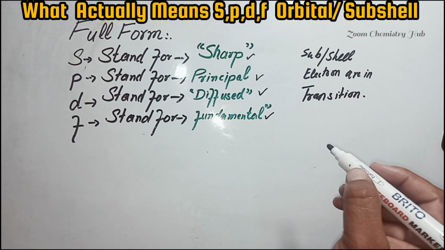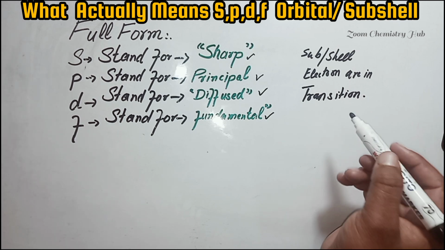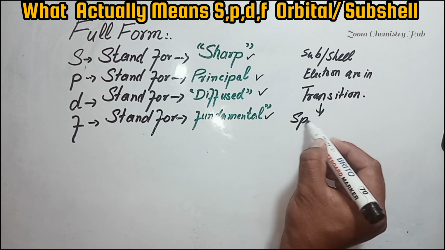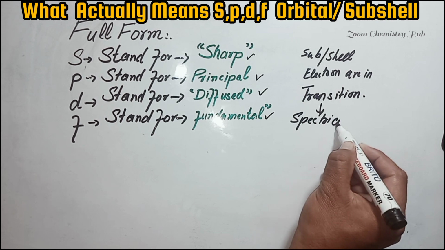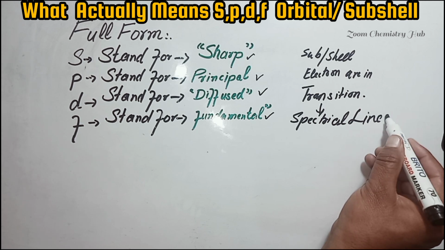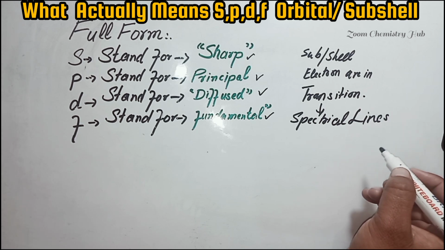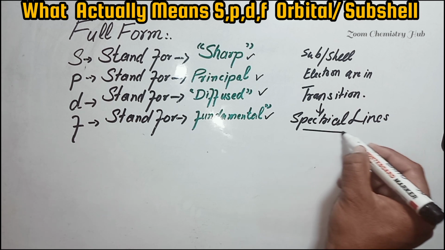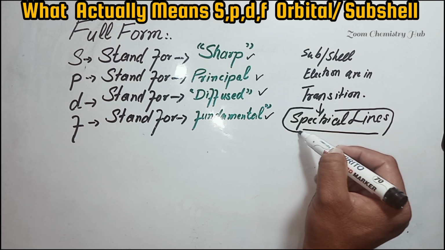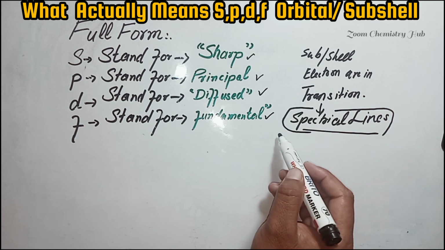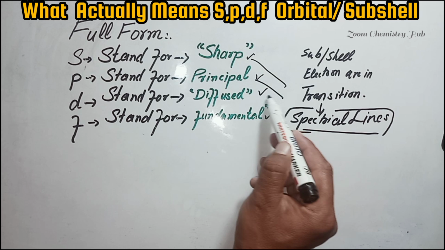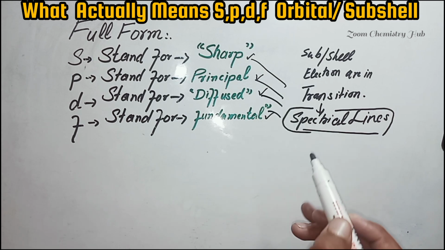Due to their transitions, spectral lines are produced, and these spectral lines are actually responsible for giving the names sharp, principal, diffuse and fundamental.